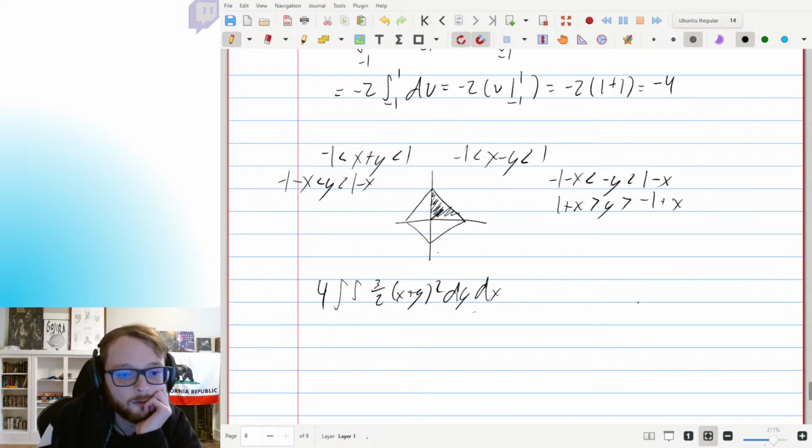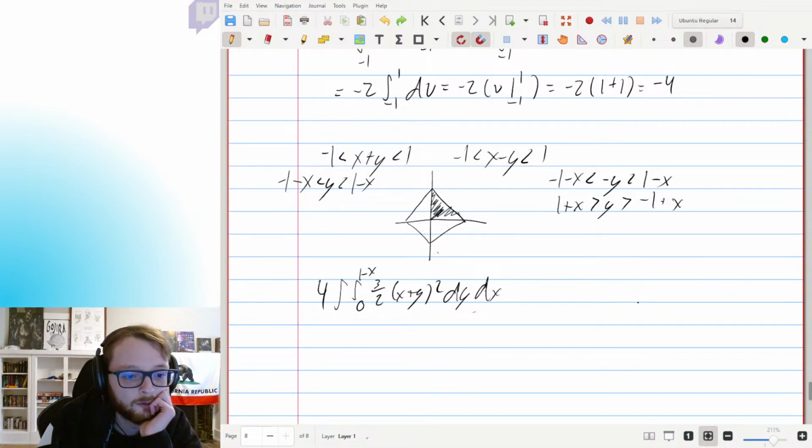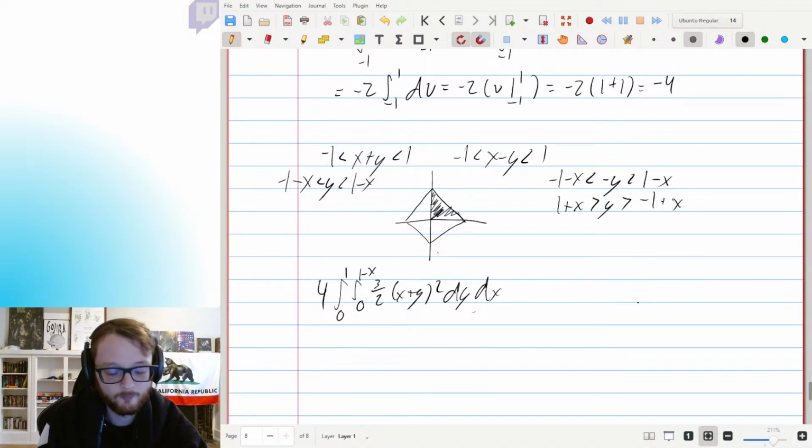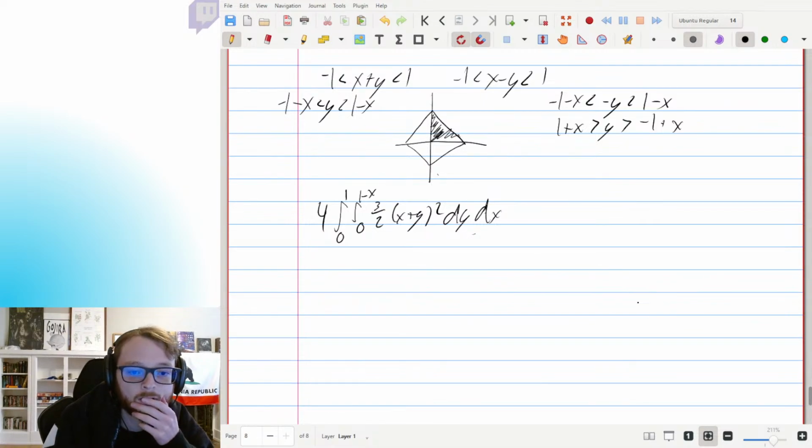Y is going to go from 0 up to the function 1 minus x, this line. And then x can simply go 0 to 1. Now, it's still going to be a super annoying thing with cubes, but you avoid the absolute values on the bright side.